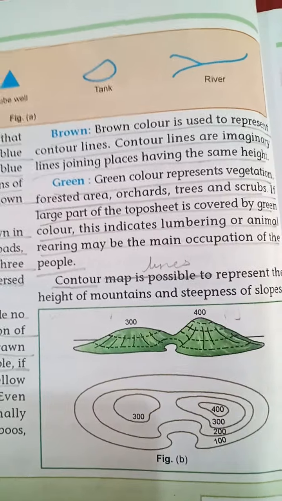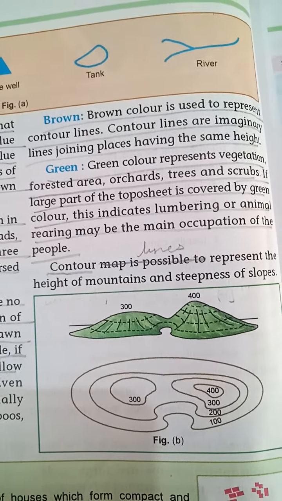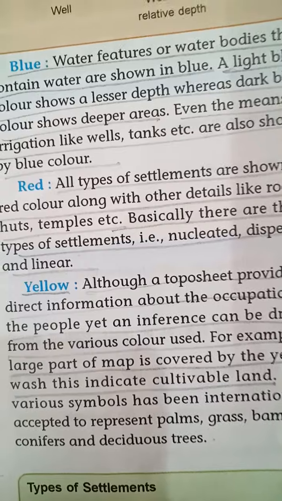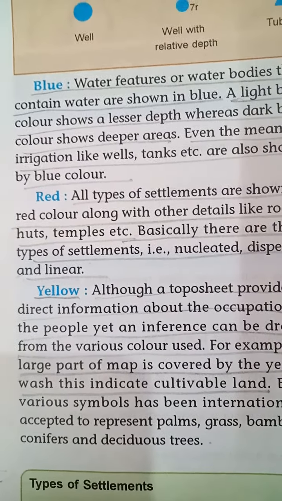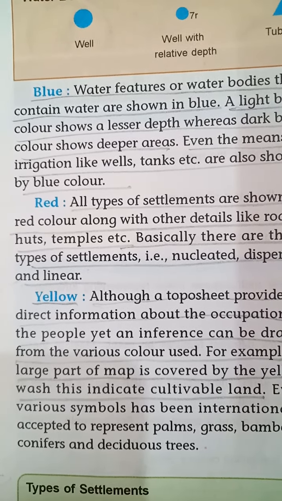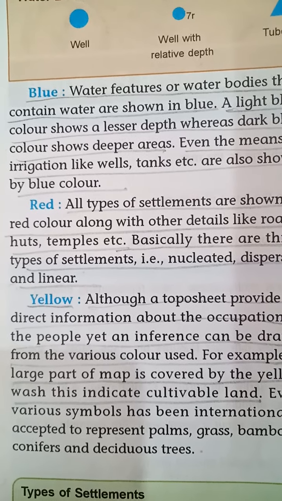The brown color is used for showing contour lines, their number, form lines and sand dunes. The red color is used for settlements, roads and arbitrary grid lines, that is easting and northing.